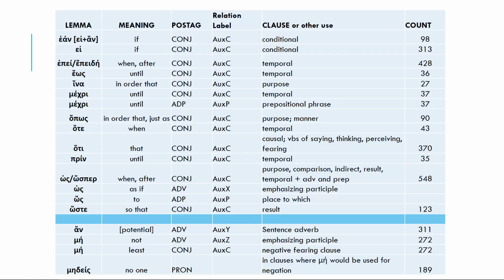Instead of using hoti, they use me as the coordinating or subordinating conjunction. And medeis can replace oudeis in these subordinate clauses where me would be used for negation where something is not real. Medeis is this "no one," just like oudeis is "no one," and it's declined the same.